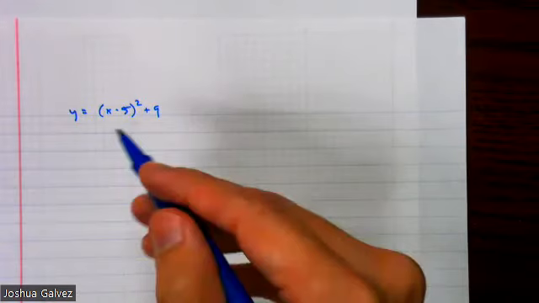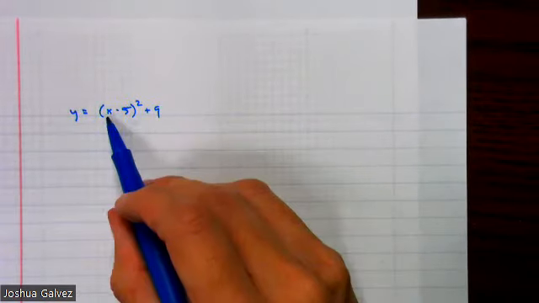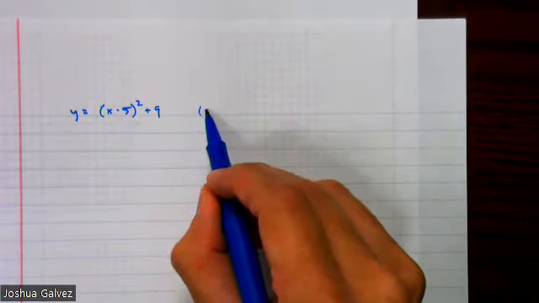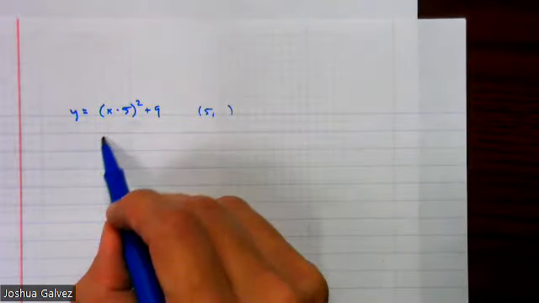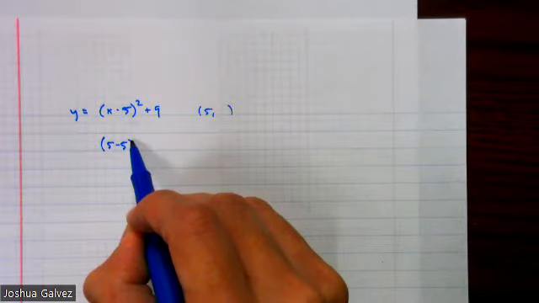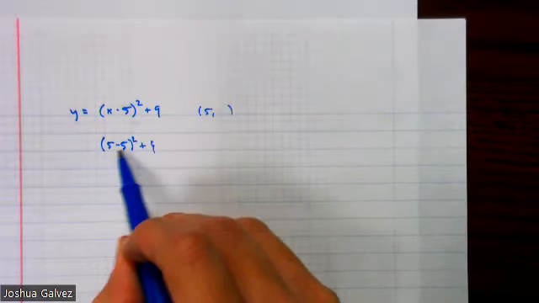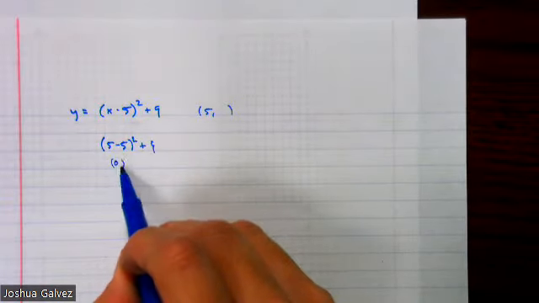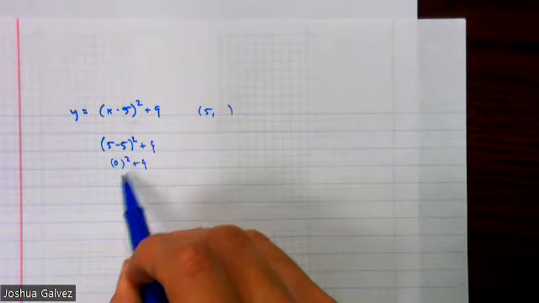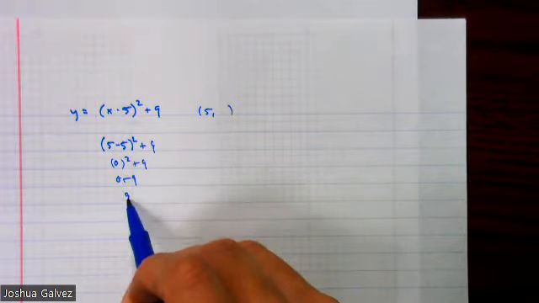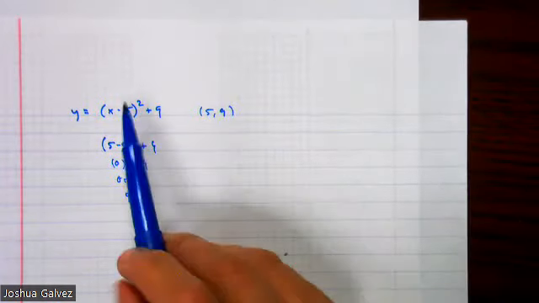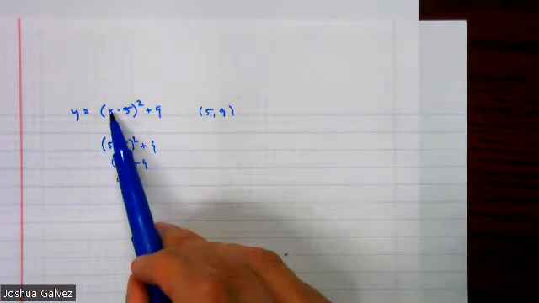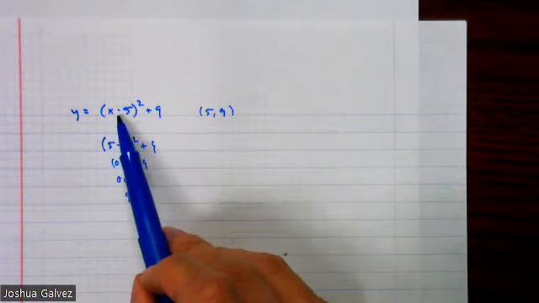So, for example, in this equation, if I choose x to be 5, I'm going to end up with 5 minus 5, and that's going to equal 0. 0 squared plus 9 is 0 plus 9, which ends up being 9. So that works out because we chose an x so that this expression equals 0.